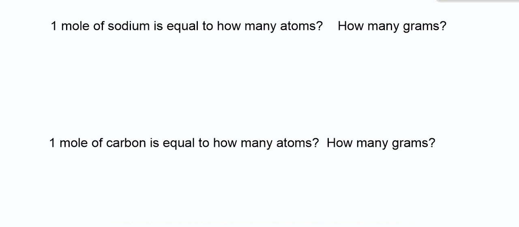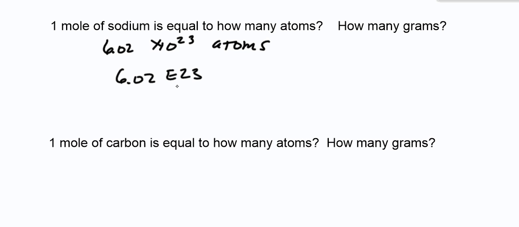Let's practice. So 1 mole of sodium is equal to how many atoms and then how many grams? Well, 1 mole of anything is equal to 6.02 times 10 to the 23rd atoms. And we can write that as 6.02 E23, remembering that's how we really put it in our calculator.